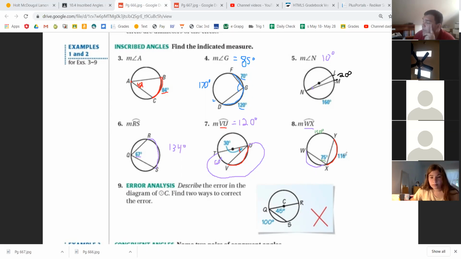So 150 plus 110 is 260. Then 360 minus 260 should be 100 degrees, because we subtract these two pieces from 360. So this should be 100 degrees, yeah.